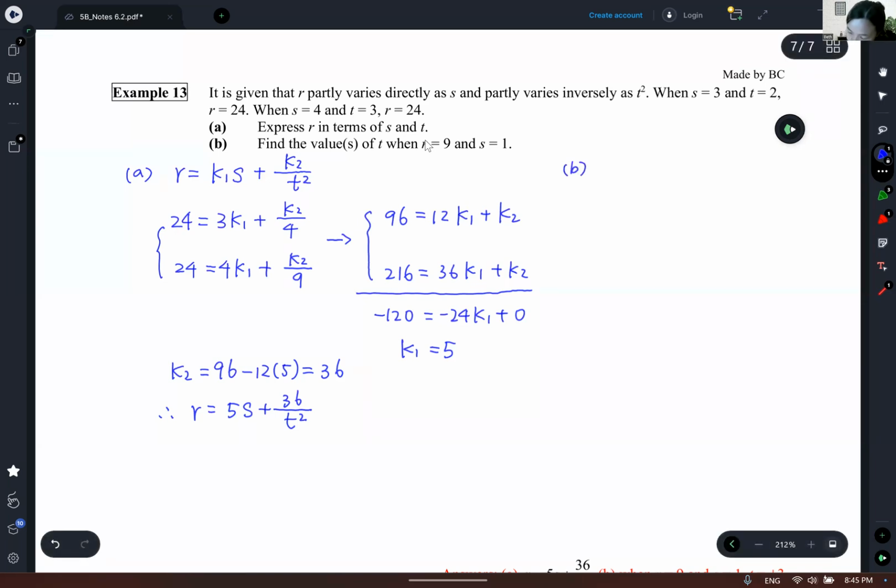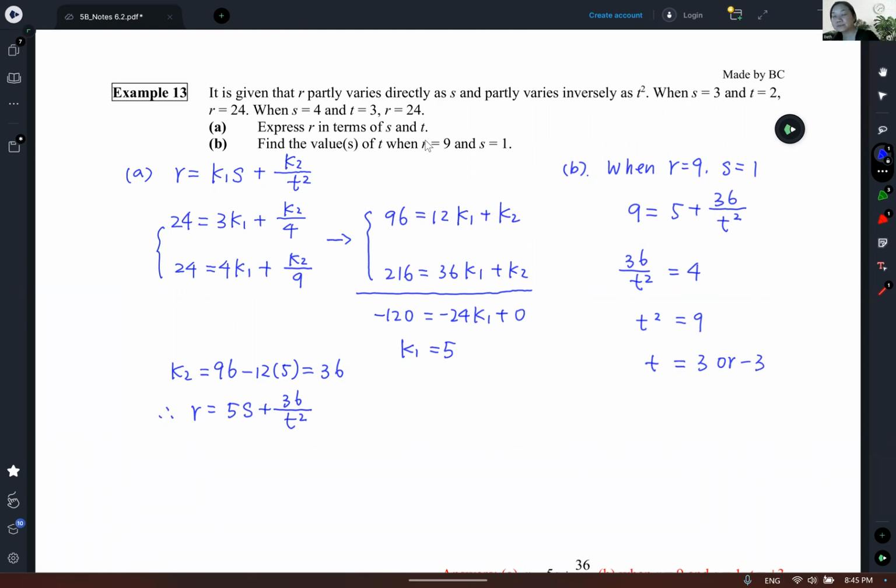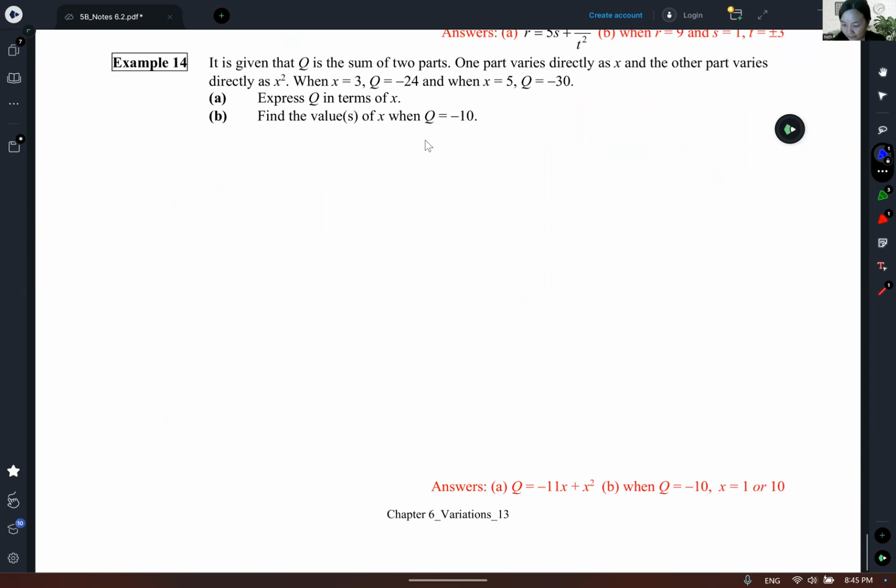Part B. When R equal 9, S equal 1, so 9 equal 5 plus 36 divided by T squared, and 36 divided by T squared equal 4, T squared equal 9, T equal 3 or -3. That's it. Moving on. I think more simultaneous equations coming up.